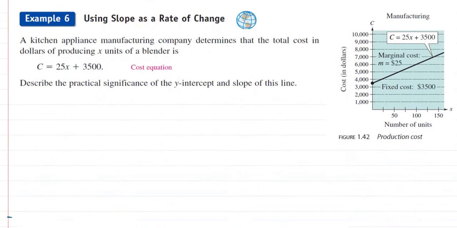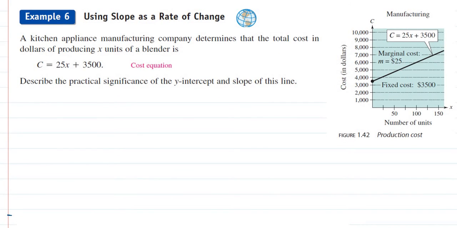Okay, moving on. A kitchen appliance manufacturing company determines that the total cost in dollars of producing x units of a blender is, here is our cost equation. Describe the practical significance of the y-intercept and the slope of this line.